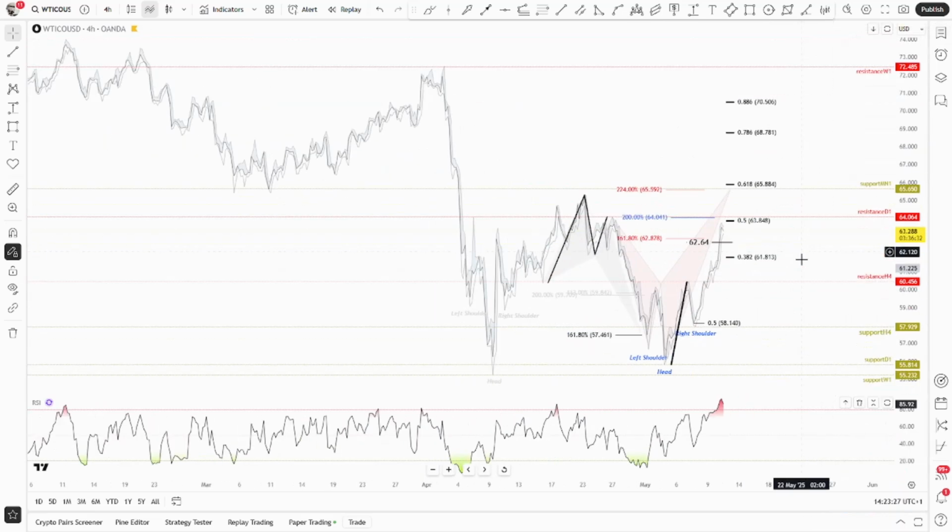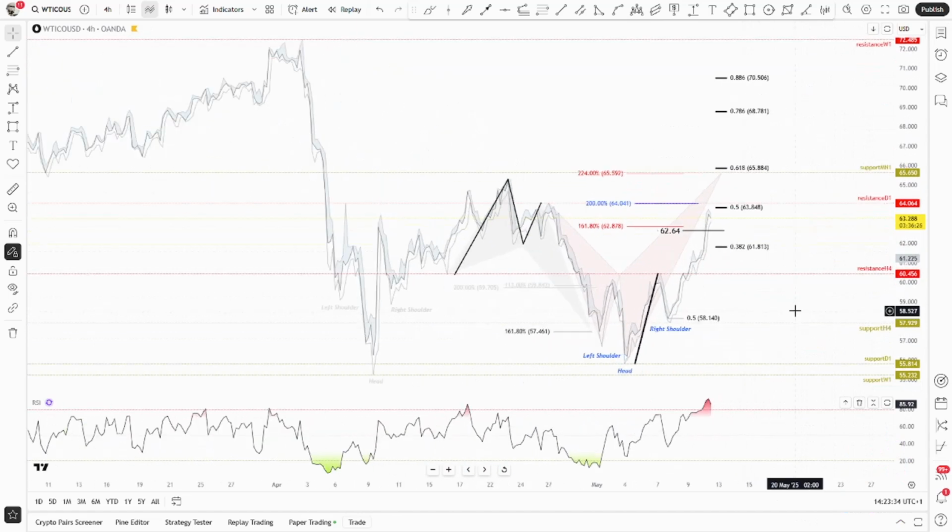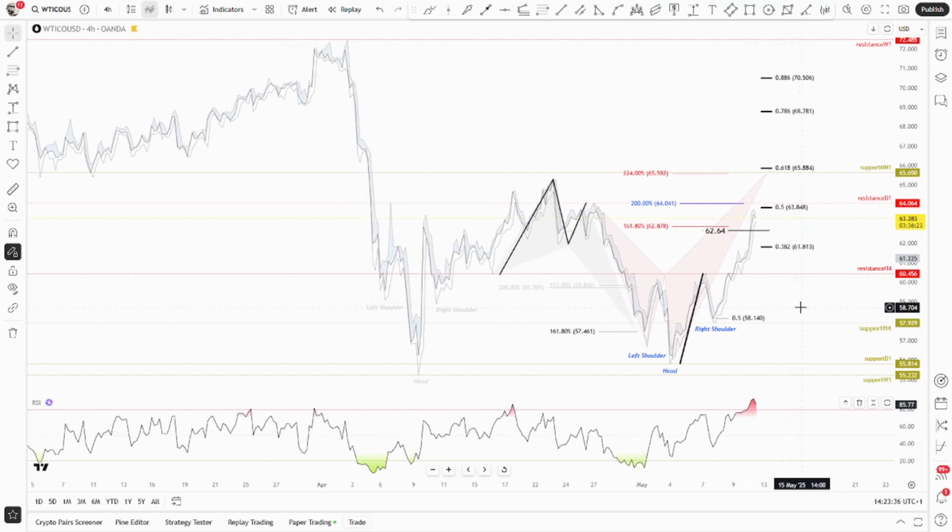Crude oil, we have a broken resistance at $60.45. We also mentioned the potential inverted head and shoulders pattern formation. We have targets. We are very close to the default target at 64.04, which converges with the previous daily fractal resistance level, as you can see.